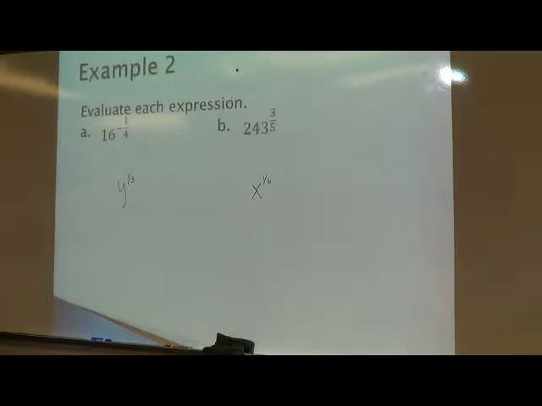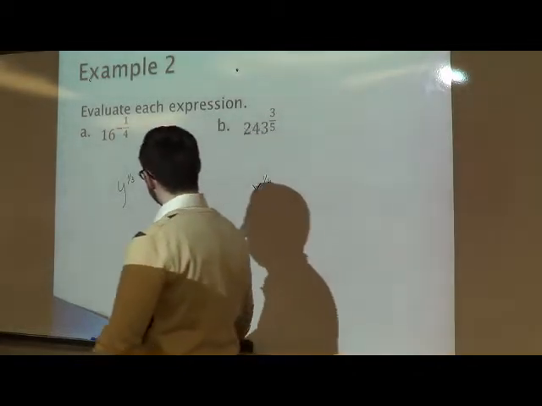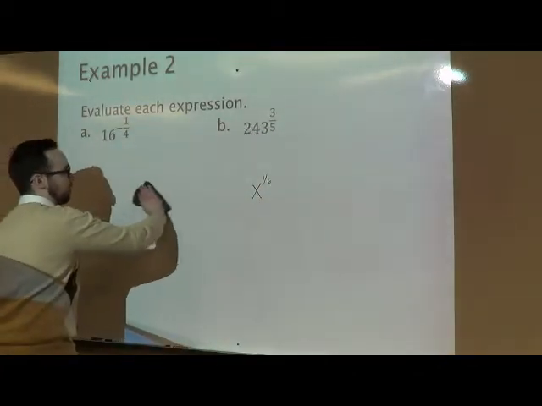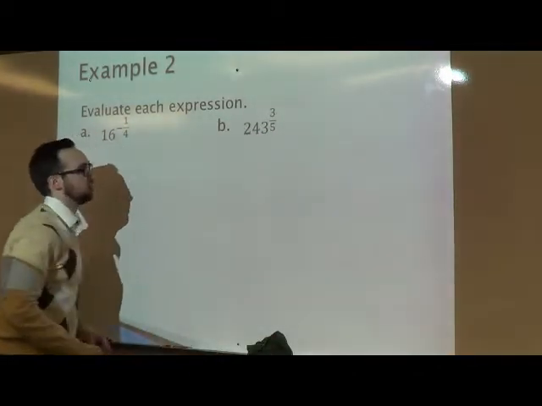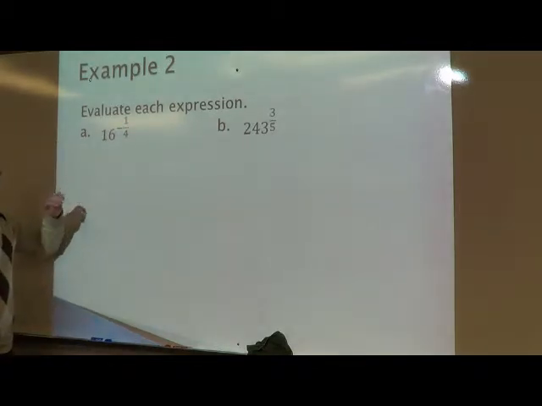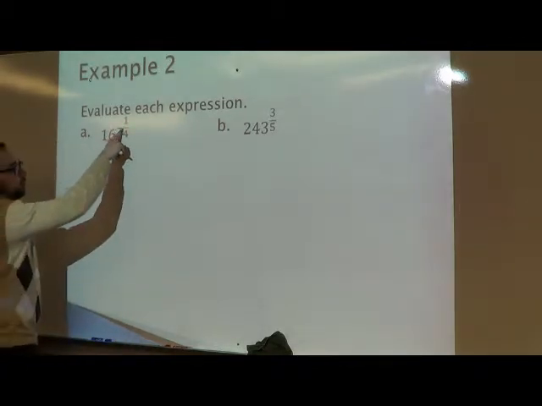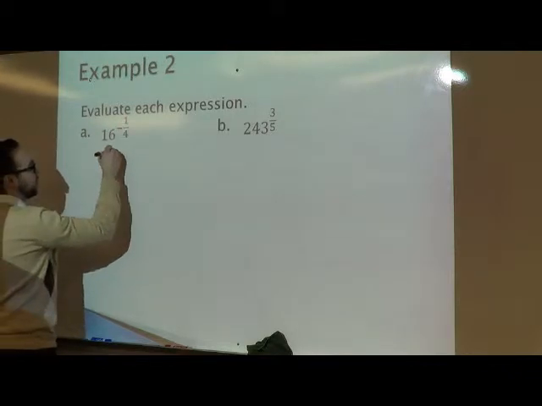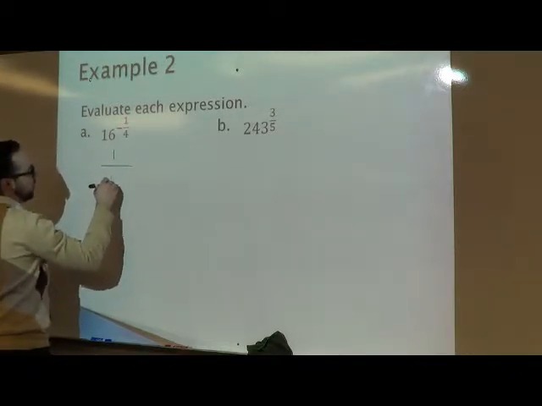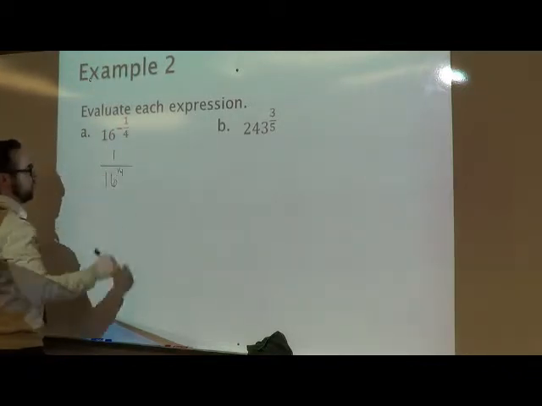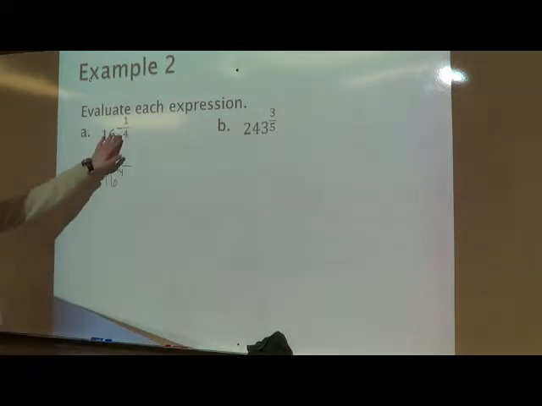Alright, so now they want us to actually evaluate these things. So now we're throwing in a few different exponent properties here. If we have 16 to the negative 1/4 power, first off, the negative tells me I want to go 1 over 16 to the 1/4 power. So nothing with the fraction changes the fact that if it's a negative, you're going to flip that and put it in the denominator.